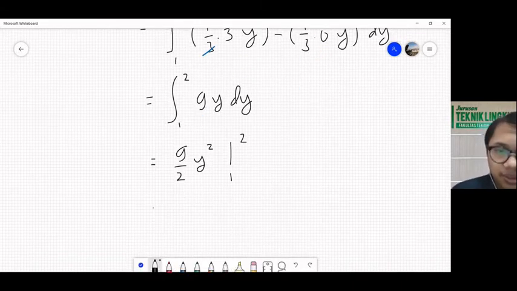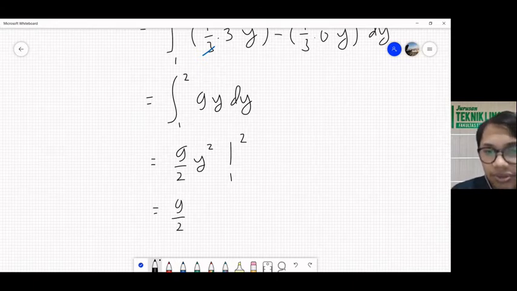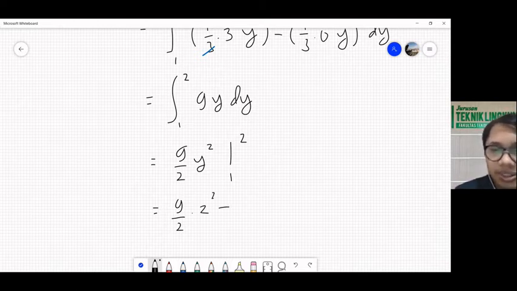Okay, just rewrite again. No need to solve the 9 over 2, because if you solve it, everything becomes complicated. Just write it, and times 2 square minus 9 over 2 times 1 square.